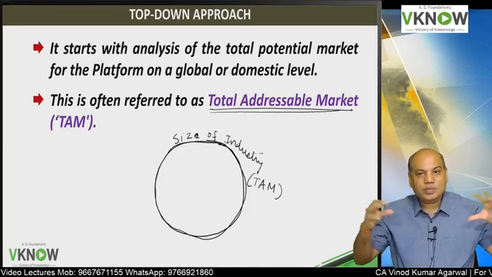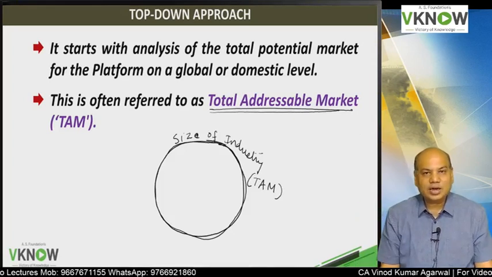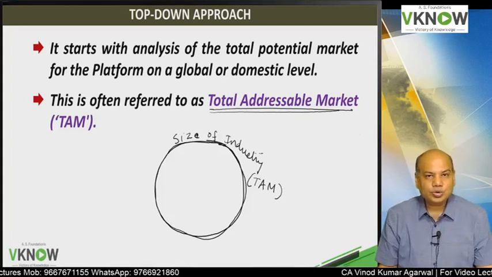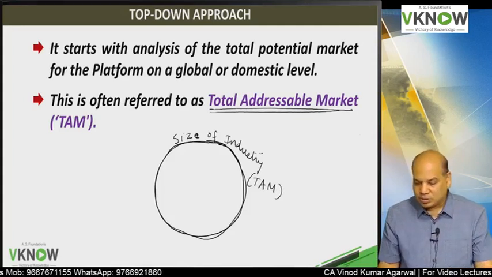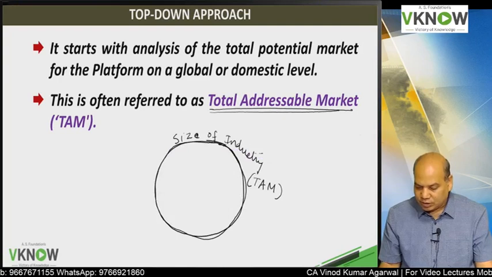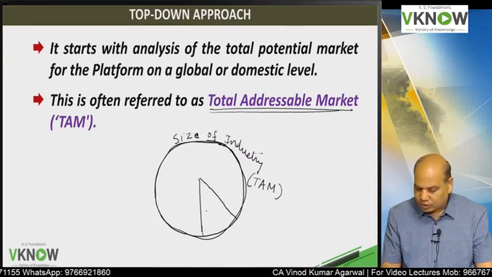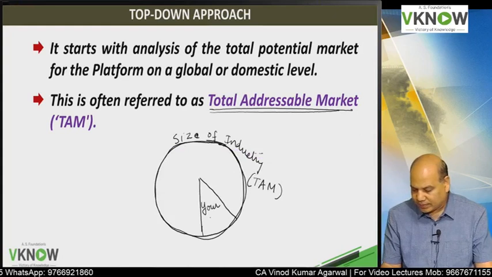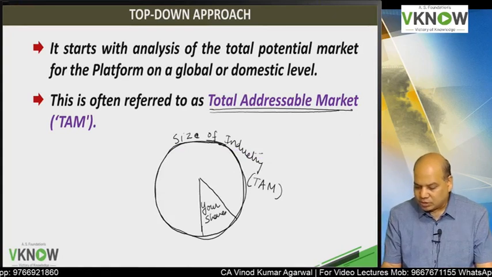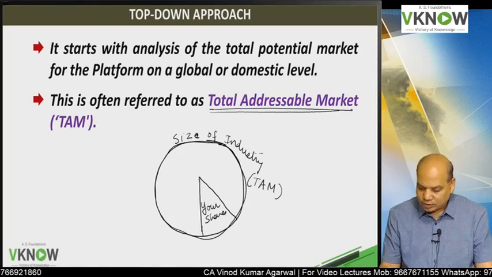That is how many potential customers are going to use this particular service, and then out of that you have to estimate your share. How much share will you get out of it? Let's say your share is 10%.